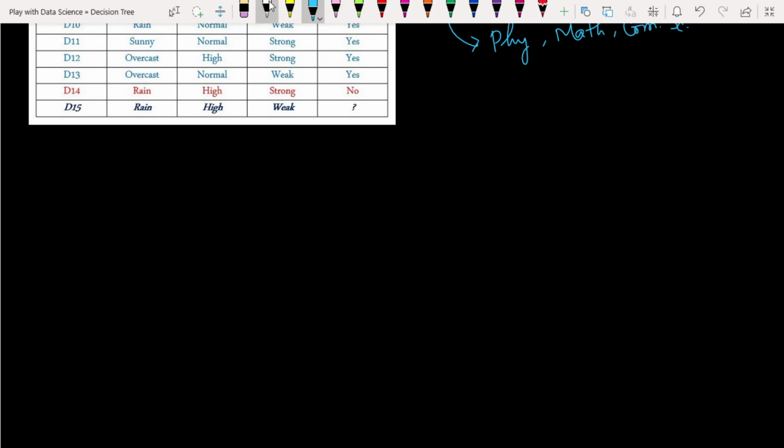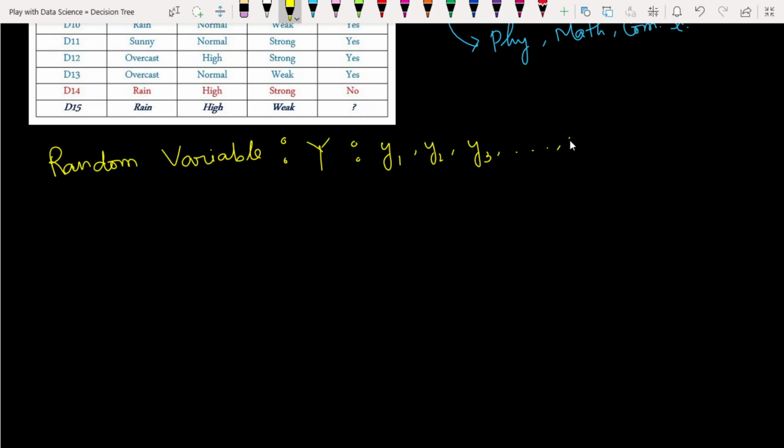Suppose we consider a random variable y, and it takes the values y1, y2, y3, up to yk.